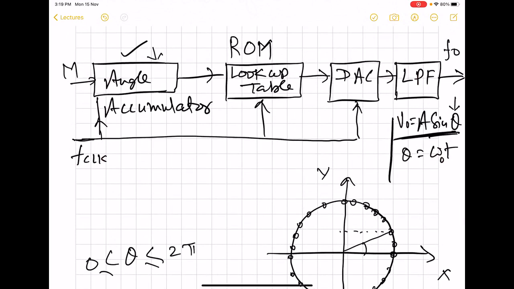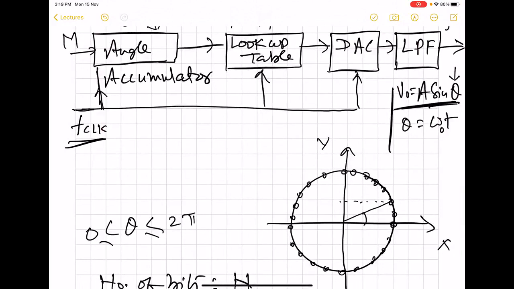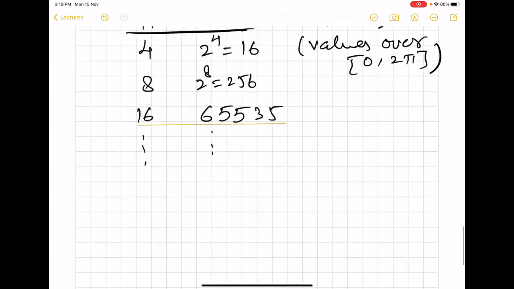So what this angle accumulator will produce on the output side is that at every clock edge, it will produce one angle information at the output. So this V1 will be something like this.